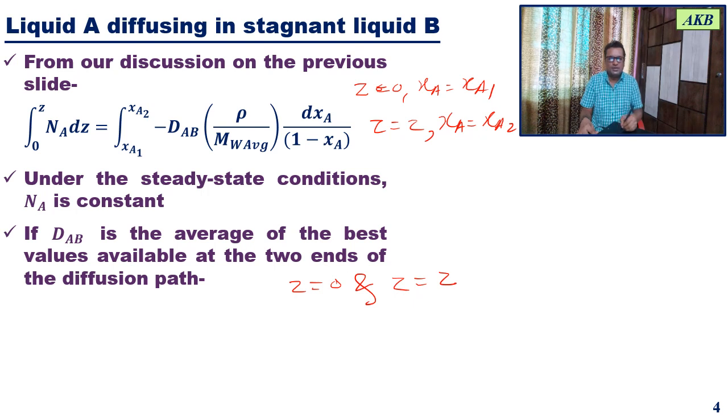So if dAb is the average of the best values available at the two ends of the diffusion path, dAb is considered to be constant.